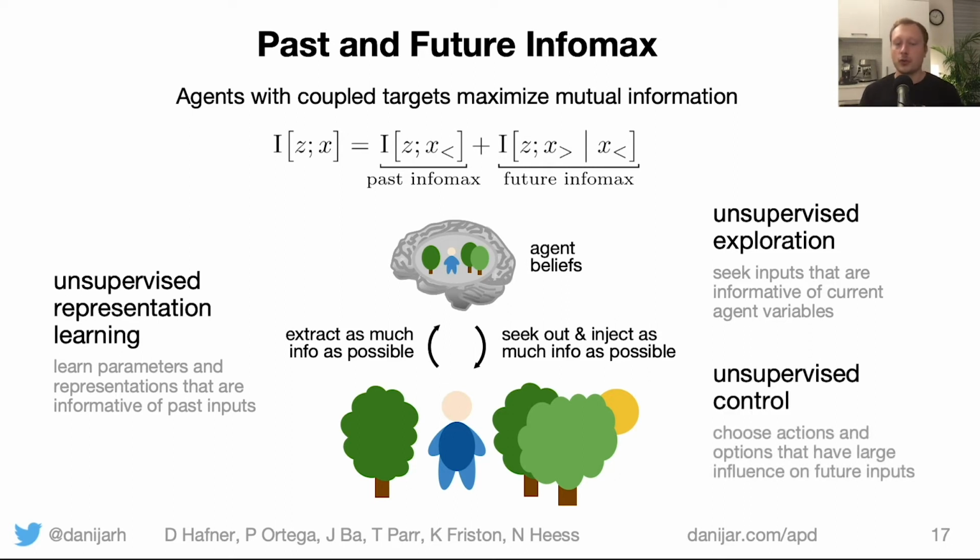Moreover, the agent will try to maximize the mutual information between its actions and future inputs, leading to unsupervised control, where the agent tries to choose actions or temporally abstract options that have high influence over the future sensory inputs.